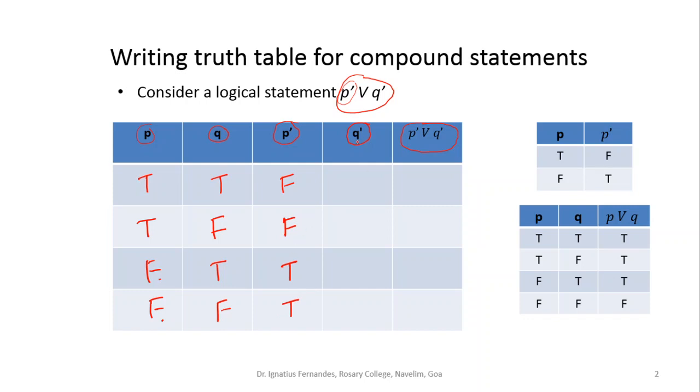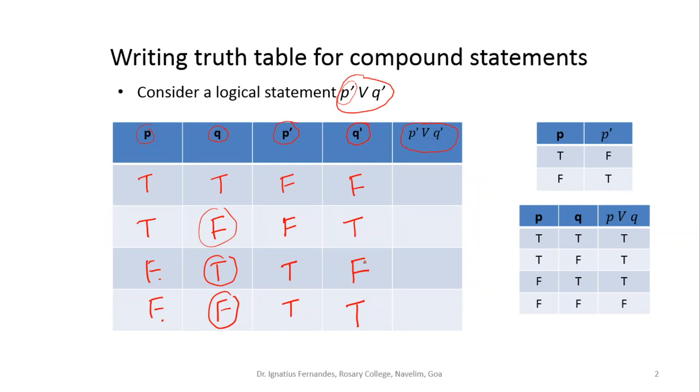The same way I write down not Q. So if Q is true, not Q is going to be false. If Q is false, not Q is going to be true, the opposite of that. Now Q is true, so the opposite of that is false. Q is false, so the opposite of that is true. So these are the NOT values.